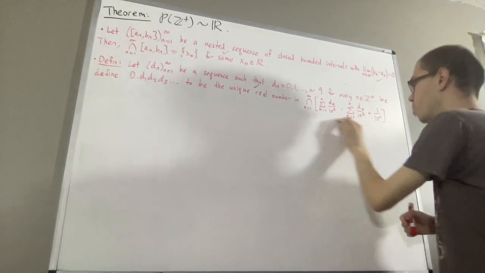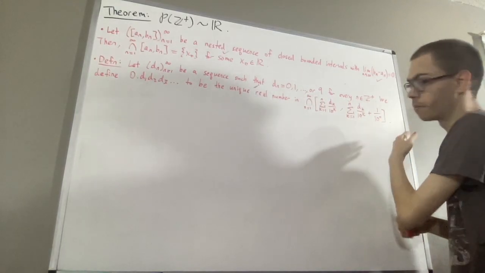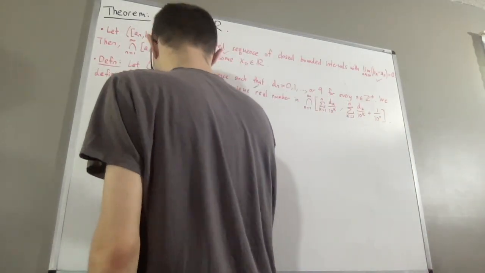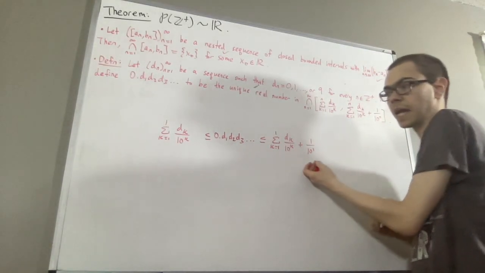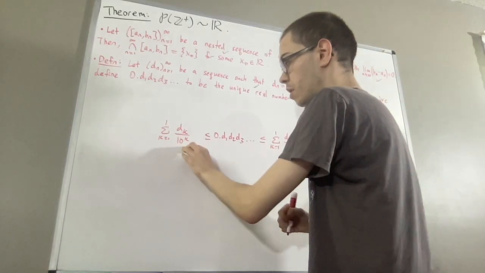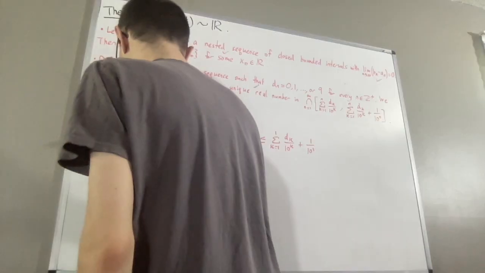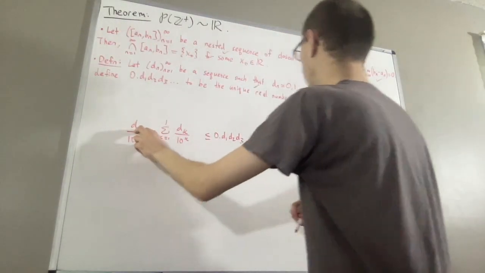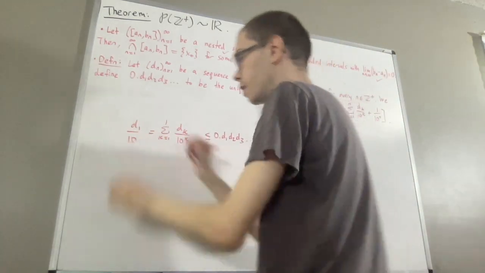So it belongs to this closed interval where we take n to be 1. So we have this. But actually, what's this sum? Well, we just substitute k for 1, so this is just d1 over 10. But we know that d1 is greater than or equal to 0. Therefore, d1 over 10 is greater than or equal to 0.